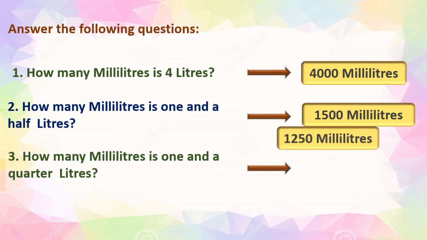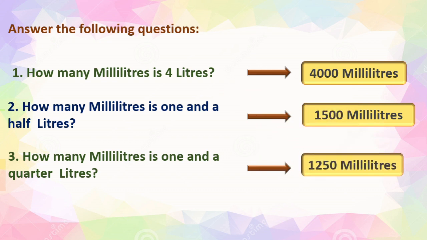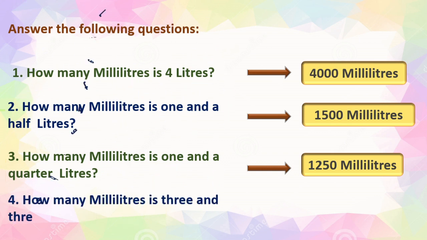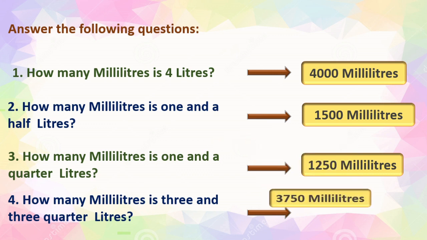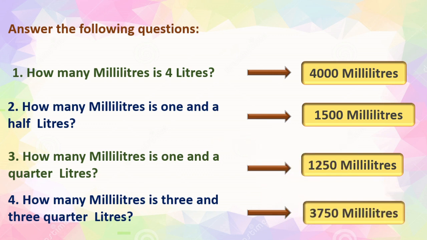That is nothing but 1250 milliliters. Very nice. The last sum is, how many milliliters is 3.75 liters? Yes, we know 3 liters means 3000 milliliters, right? And 3/4, that is half plus quarter, that is equal to 3750 milliliters, isn't it?